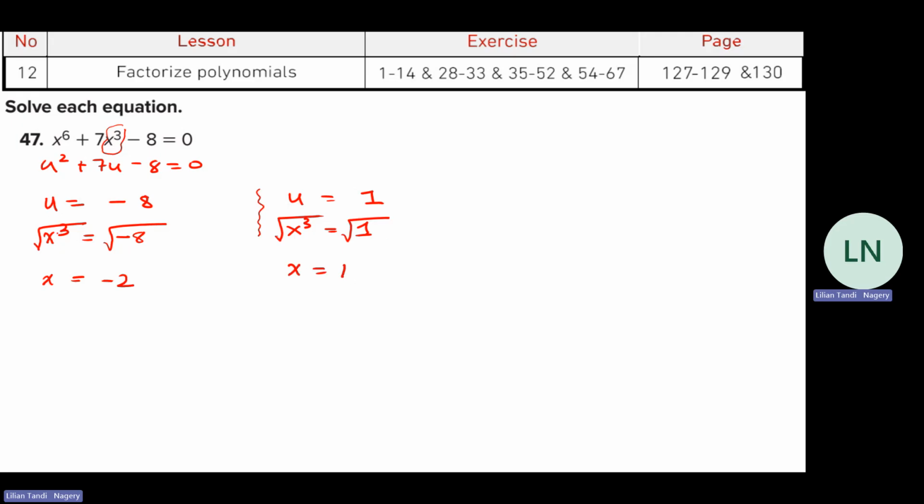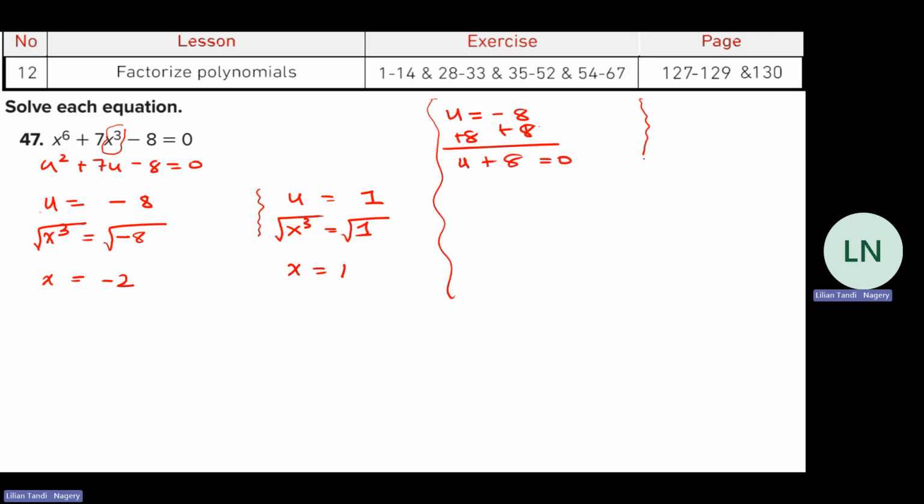Then you're still going to use this equation again. So now you're going to do u equals -8. You're going to do plus 8 on both sides. You're going to get u plus 8 equals 0.